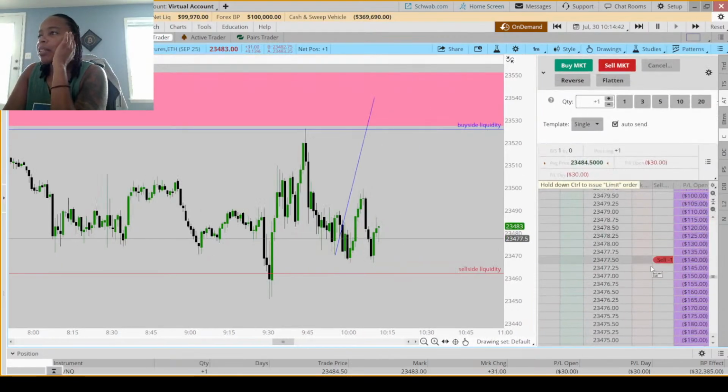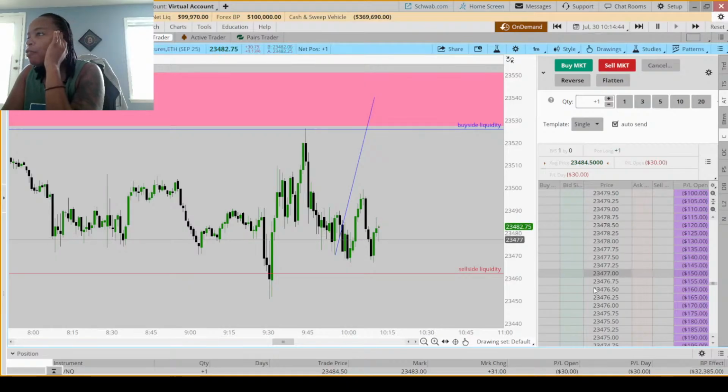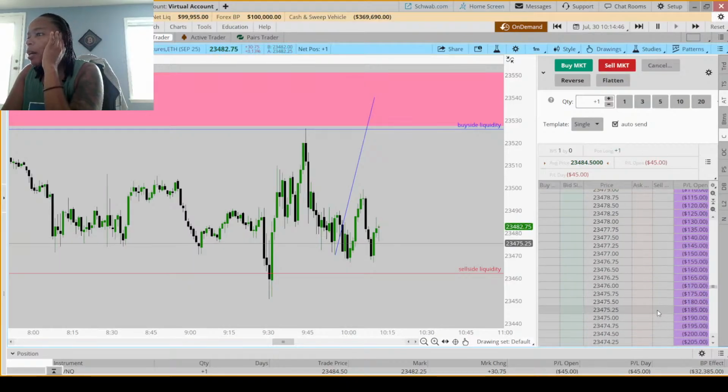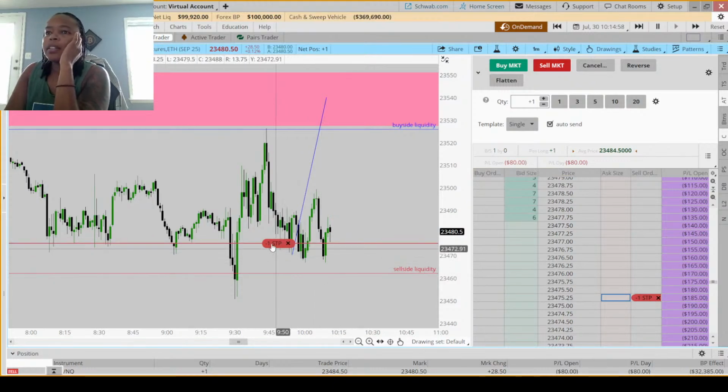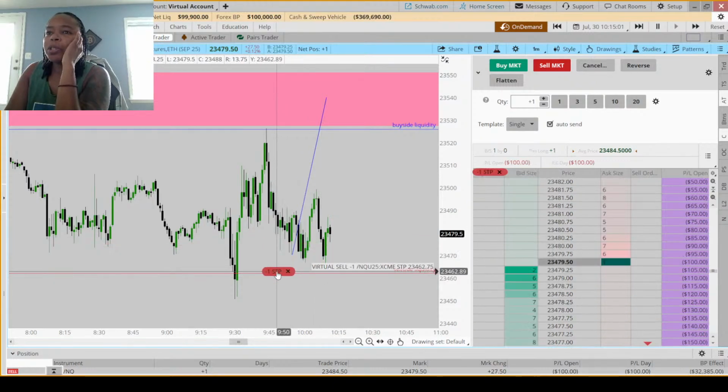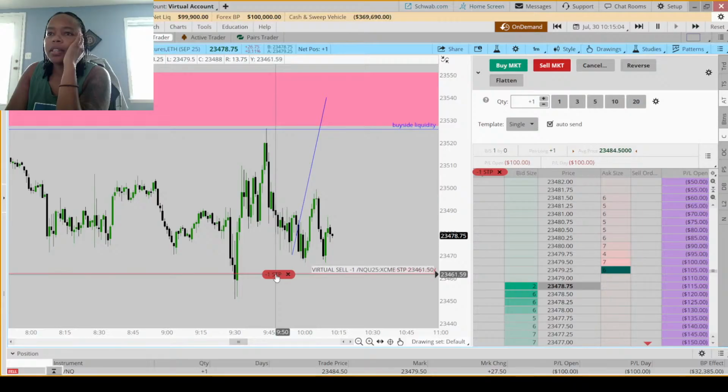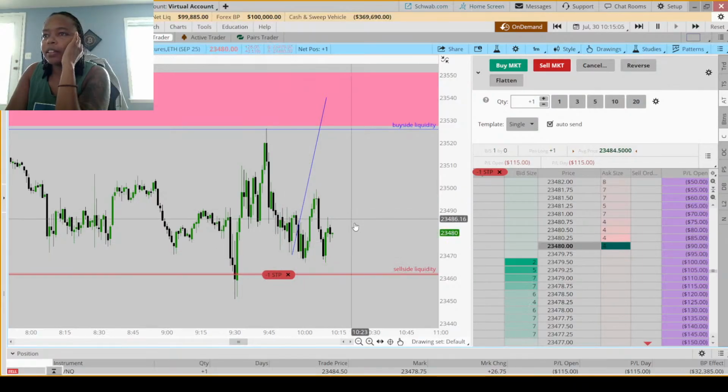Let's see if we can put a stop loss in here comfortably. Let's put a stop loss of 185 from wherever we entered. Okay. Technically, my stop should be down here because that's where I would have entered if I'd gotten it.